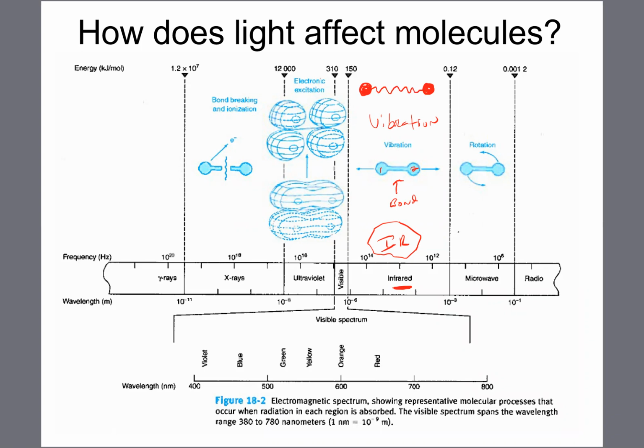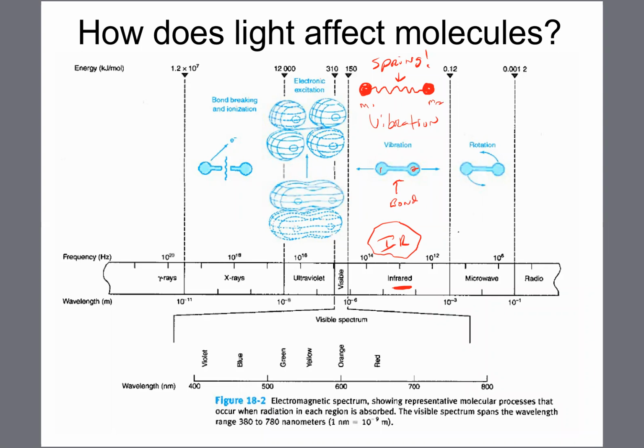As it turns out, chemical bonds are oftentimes modeled like a spring. Think like a slinky or a spring, right? It can stretch, it can contract. And there's mass 1 and mass 2. Basically this bond, or the distance between the nuclei, is not fixed.